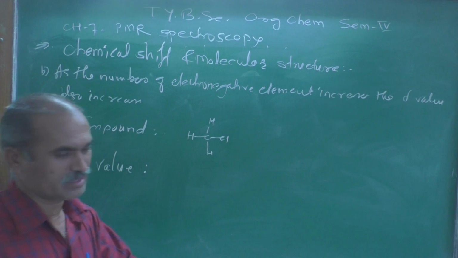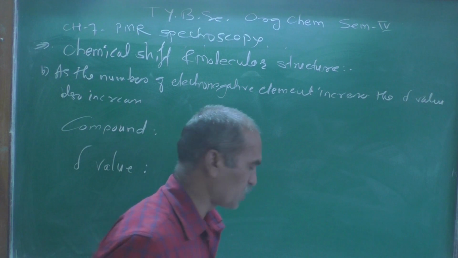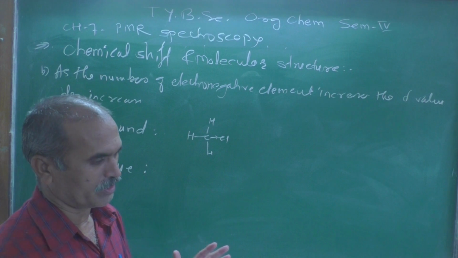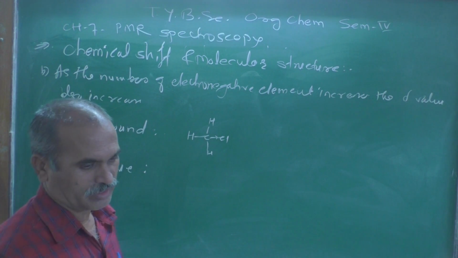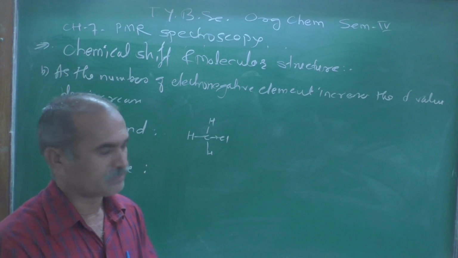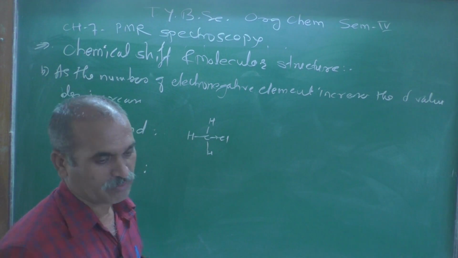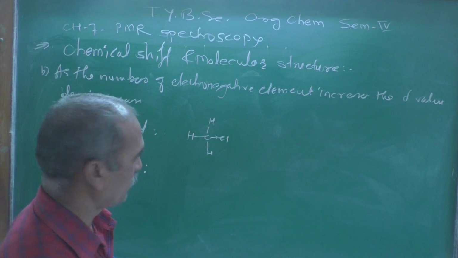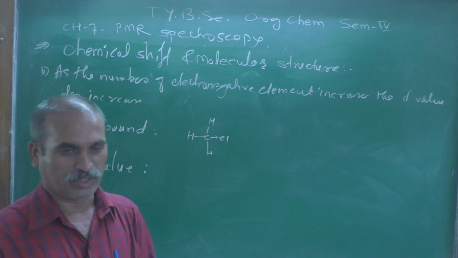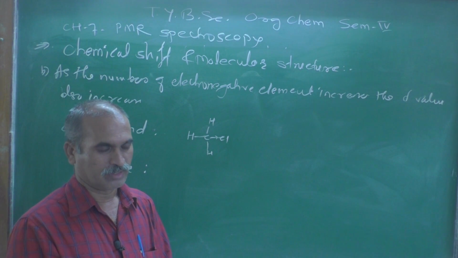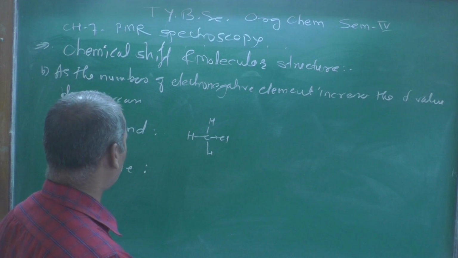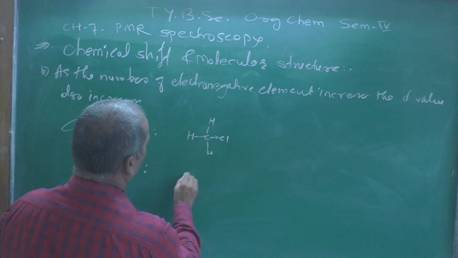This is the simplest structure of methyl chloride. The chlorine atom is more electronegative than the carbon atom, so it will pull the electron density toward itself. Ultimately these electrons become more de-shielded, and the chemical shift value, as we learned in the previous example, is 3.1.